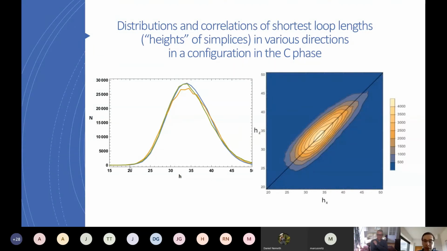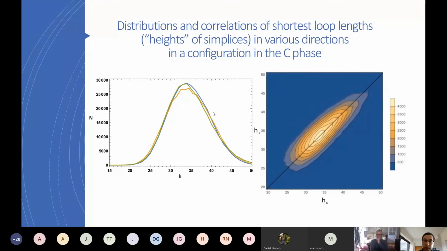We can see that this tells us that the structure of the simplices is pretty complicated. For example, if it were just a regular rectangular lattice, then it could be that for every simplex, the height in a given direction would have just one value, the same for all simplices.